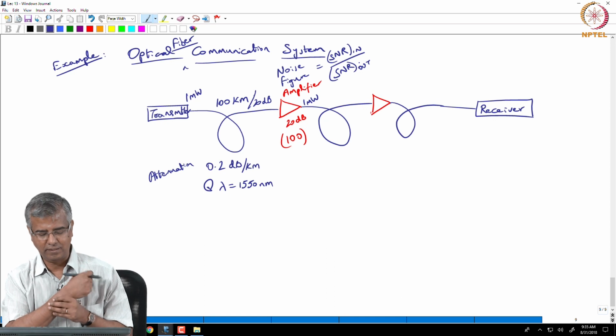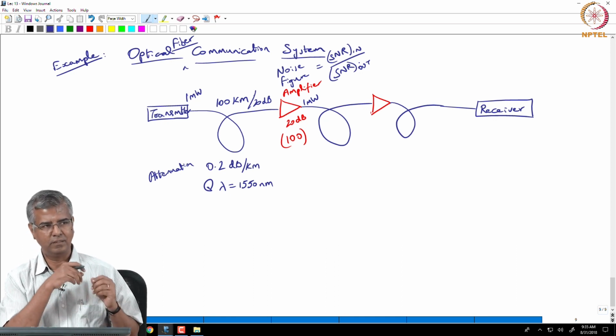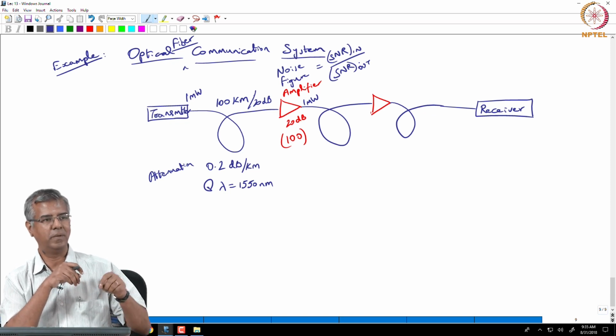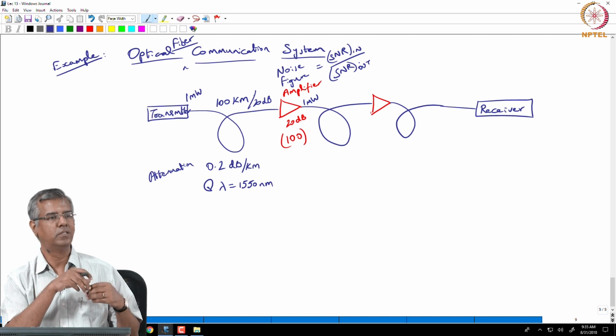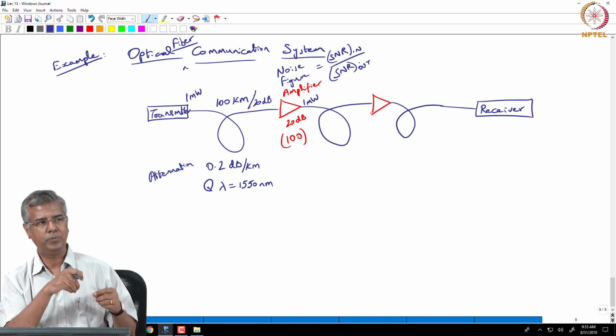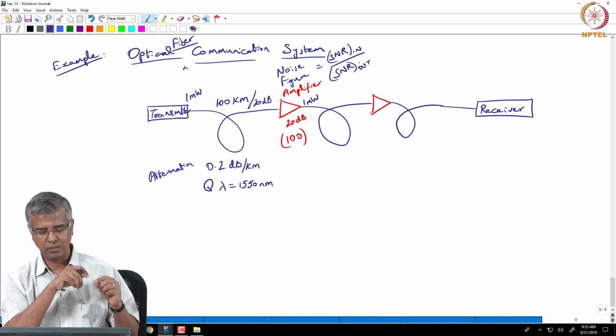So he had this invention where you could dope these rare earth ions. Remember I mentioned these rare earth ions are very good, that they have a fairly long lifetime, so they qualify for optical amplification. So he doped a rare earth ion, specifically one ion by name erbium, right?